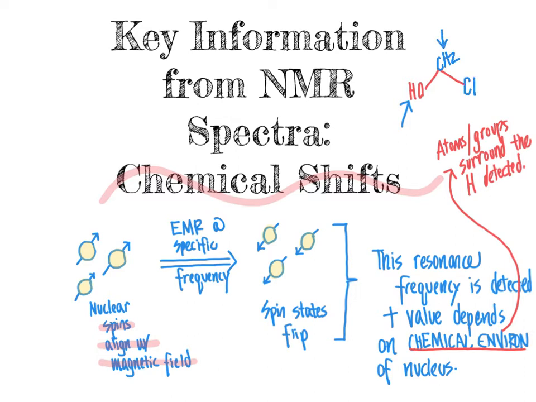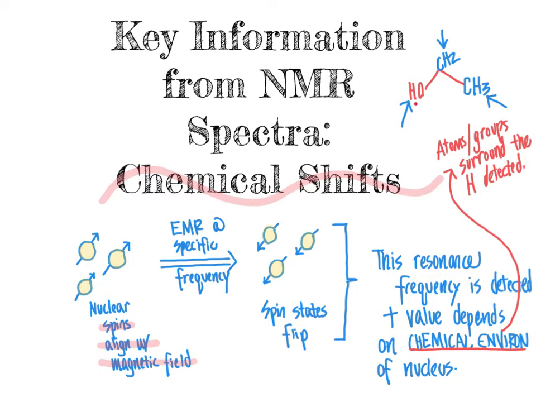And the chemical environment of those CH2 protons are different than the chemical environment of the methyl group protons here at the terminal end, because in each case, the exact nature of the atoms that are nearby, either bonded or a couple of bonds away, are different in each case.